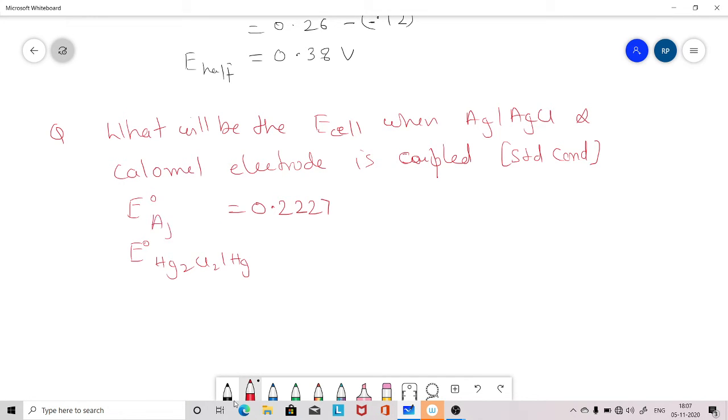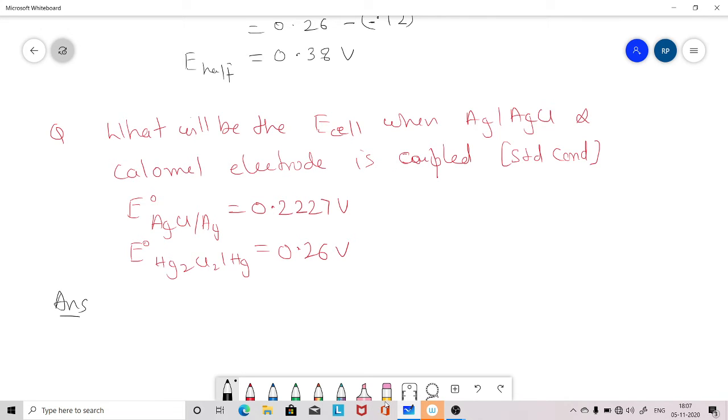AgCl to Ag, that is reduction, and for the calomel, that is 0.26 volt. Suppose this is given to you, so what do you have to do? Just try to solve this. So what is the solution for this one?